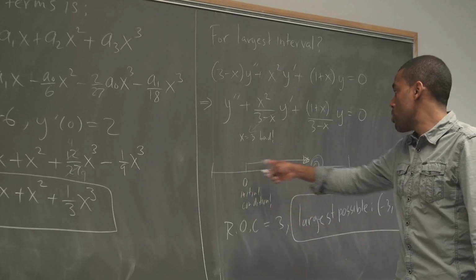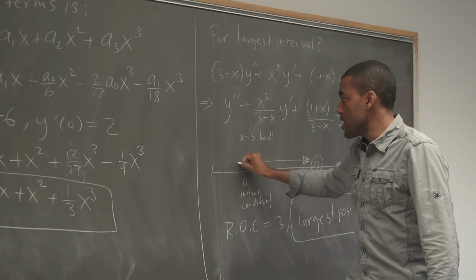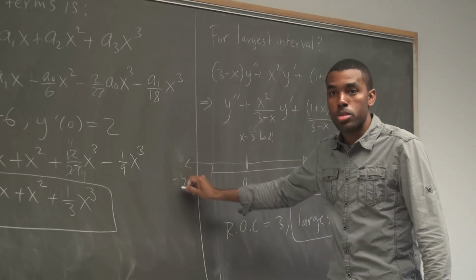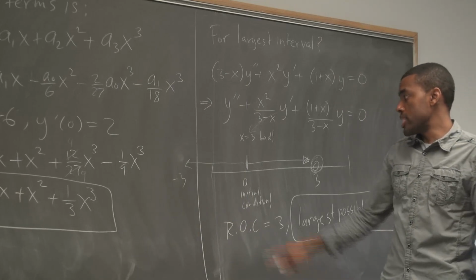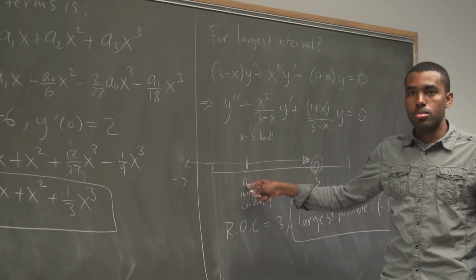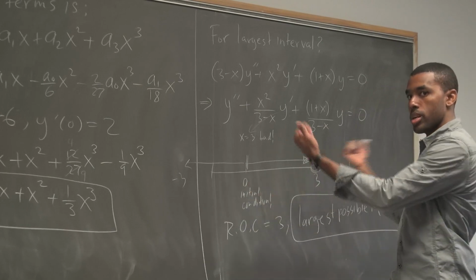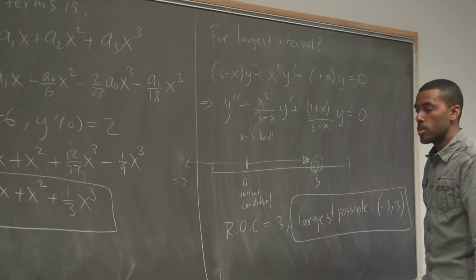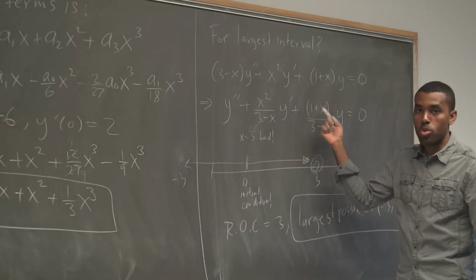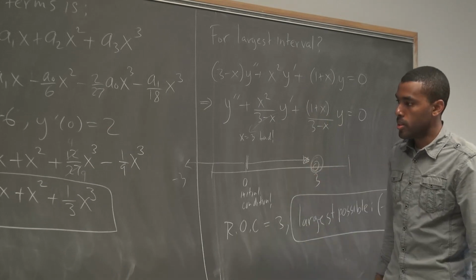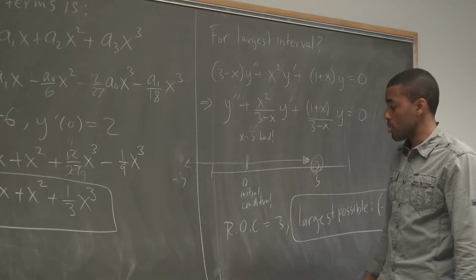So if it can only go forward by 3, a series would be limited to only go backwards by 3. That's why it's called a series centered at x0. It means that's the center for the radius of convergence. So it's because it's a series that it doesn't go all the way back. That's what makes it different from what we did before. But it's similar to what we did before in this way.